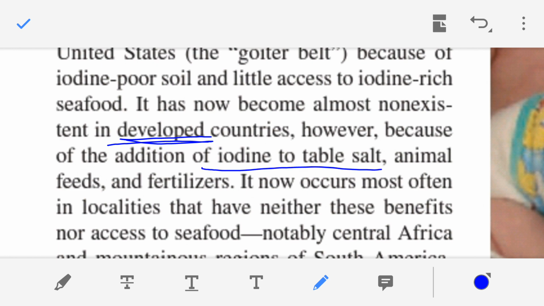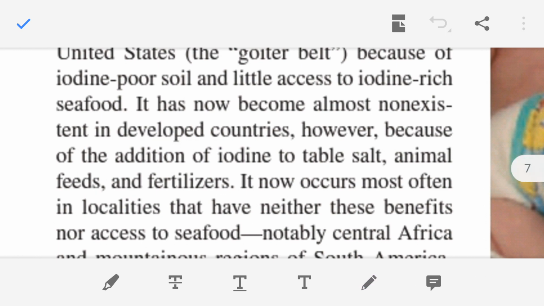The food industries are mixing more and more iodine into edible salt. Additional iodine is also mixed with the animal feed, and iodine is also mixed with the fertilizer. So now there are very few cases of goiter.